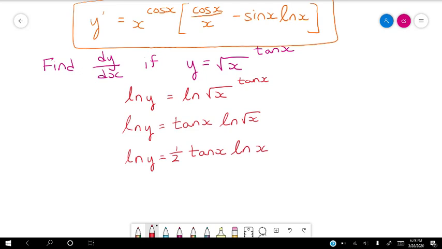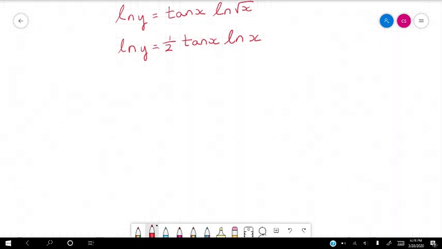All right, so now it's time to do our implicit differentiation. We're going to come in and take the derivative of both sides with respect to x. Let's see what we get. Okay, we're going to have to use the product rule.